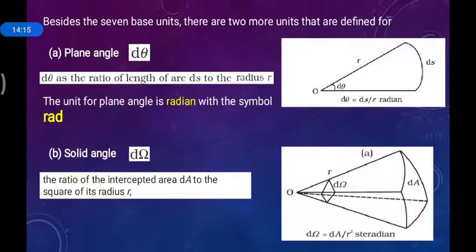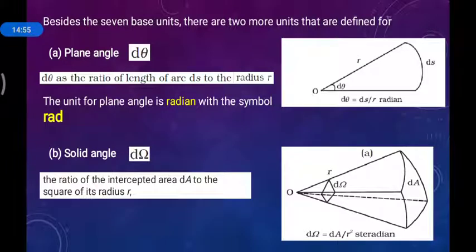The ratio of the intersection area, how much area is covered, dA, to the radius squared. So the d omega is going to be dA upon r square instead of r, because it should be dimensionless. What is dA? dA is the small area element, which you are very aware of from 12th class, but still, whenever we calculate any example, I will explain what an area element is. It is a small area apart from the whole area.